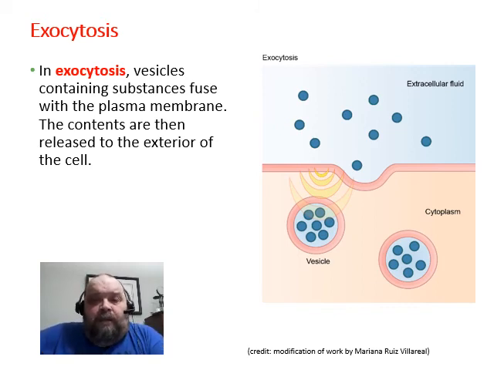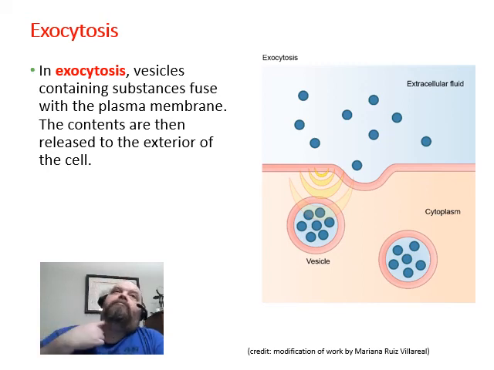And then that vesicle leaves the Golgi and goes to the plasma membrane, where it will then fuse. As it fuses, that vesicle membrane becomes part of the plasma membrane. What was inside the vesicle gets dumped out.